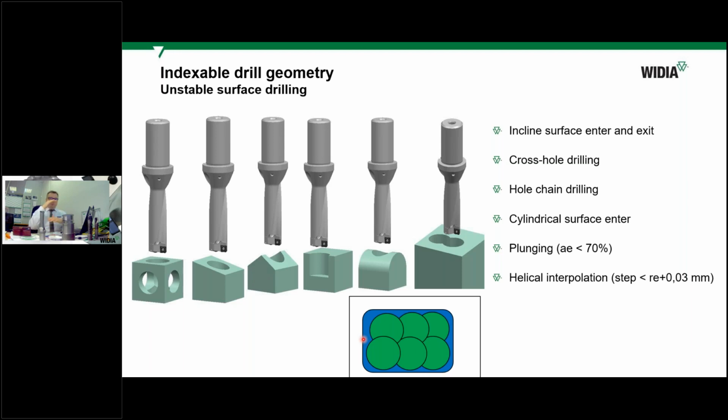If it's too big, maybe it's faster to use drills at first, to remove material by drilling, and then finally to have a finishing operation by a milling cutter, for example solid carbide or indexable milling cutter, it doesn't matter, it depends on the component. It's also possible to do helical interpolation with indexable drills, but it's an additional feature.